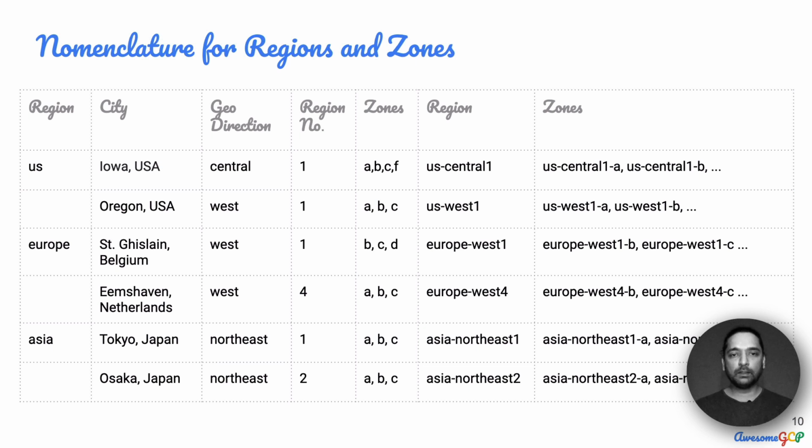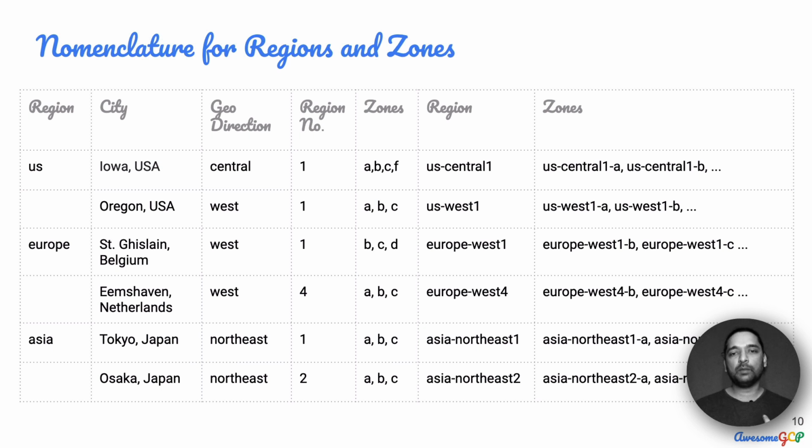Since there could be multiple regions, say even along the West Coast, you also have a number for them. So the one in Oregon is region number 1 on the West Coast. And the one in California might be region number 2, again on the US West Coast. And then within these regions are the zones, typically named A, B, C onwards, but not all of them might be there.